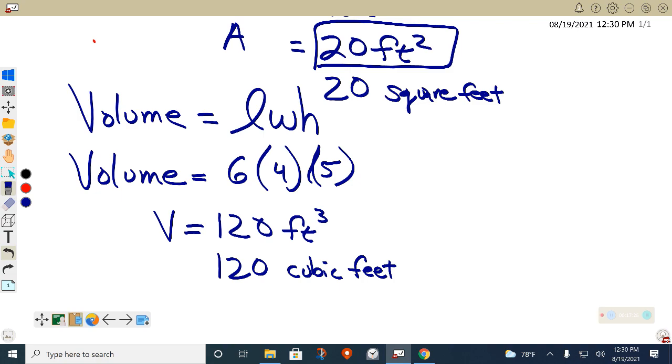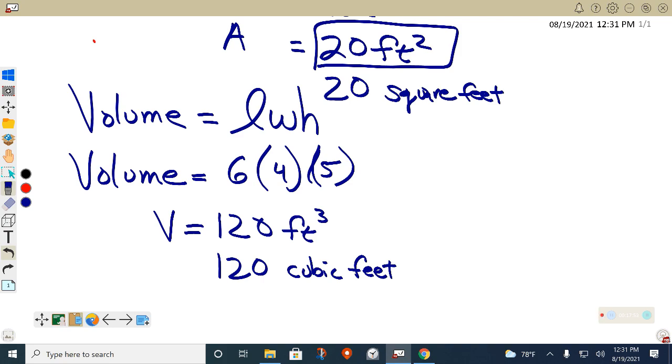What face do you want to tell me the area of? Notice I'm asking for area. And then the second slide is going to tell me what the volume is of this. And you're actually going to fill this puppy up with cubic centimeters. I'm going to put a bunch of cubic centimeters on your table, and you're going to fill it up, and you're going to figure out the volume by counting the cubic centimeters.